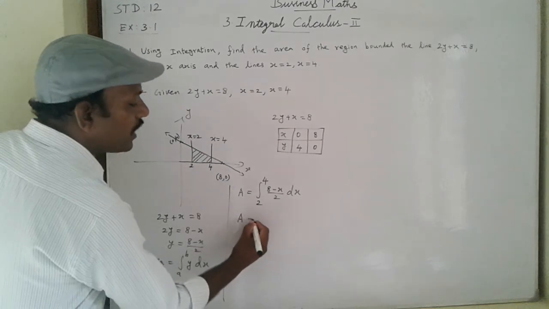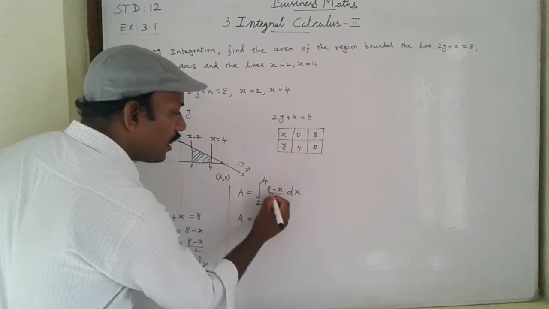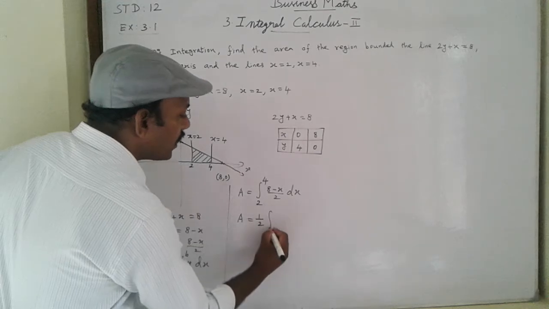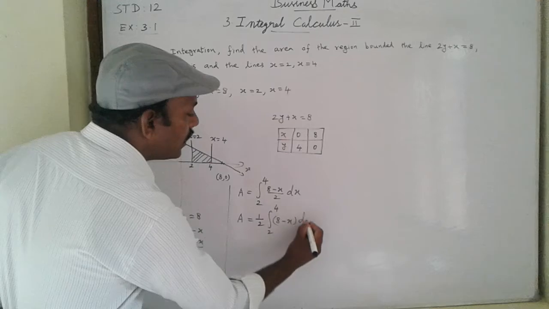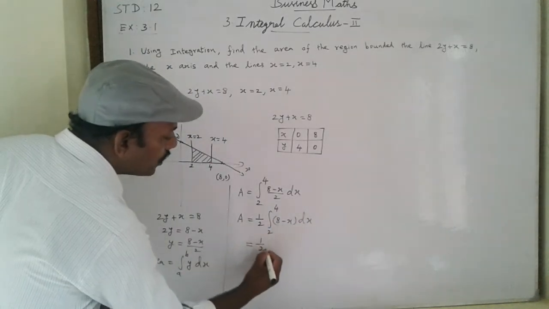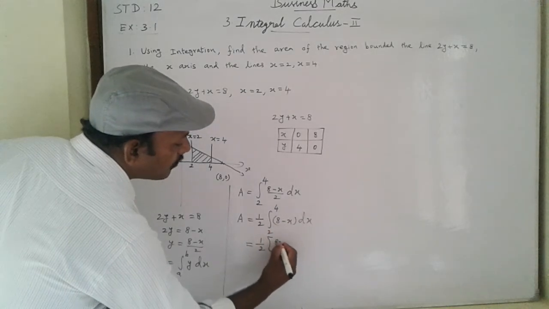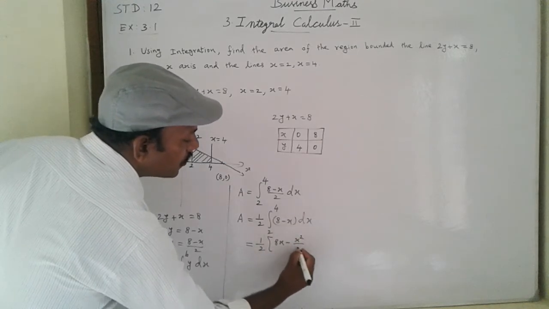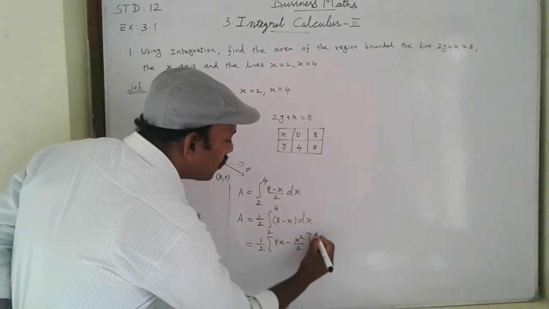A equal to, here 1 by 2 is the constant, take out 1 by 2, integral 2 to 4 of 8 minus x into dx. Now integrate this value: 1 by 2 into integral, then 8 integrates to 8x, minus x integrates to x square divided by 2. Limit is 2 to 4.